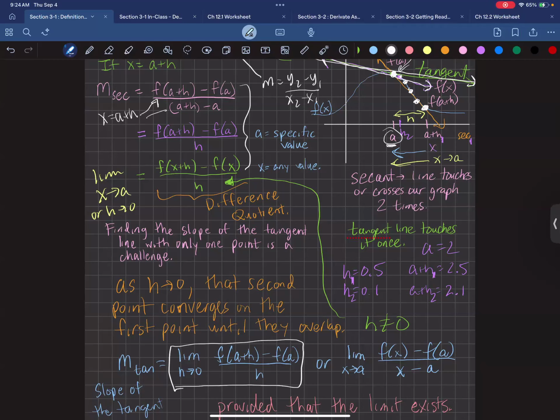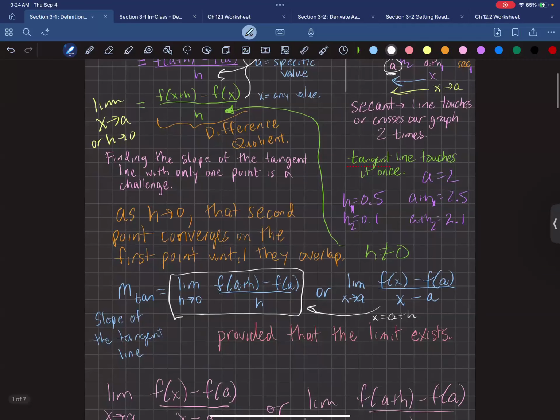And you can see, we plug it in down here for that x, and then a plus h minus a equals h on the bottom. That's how we get that down there. So this one literally comes from doing that, x equals a plus h. Both of these versions work. This is the version more commonly used for derivatives.